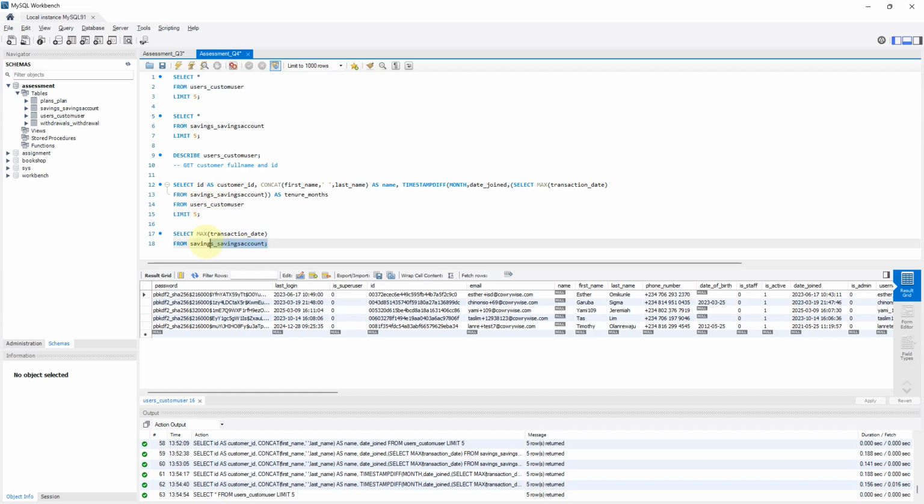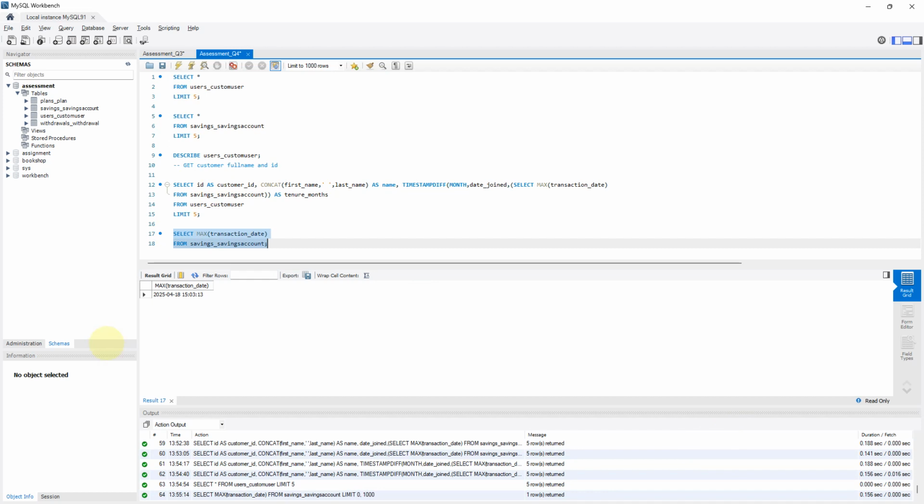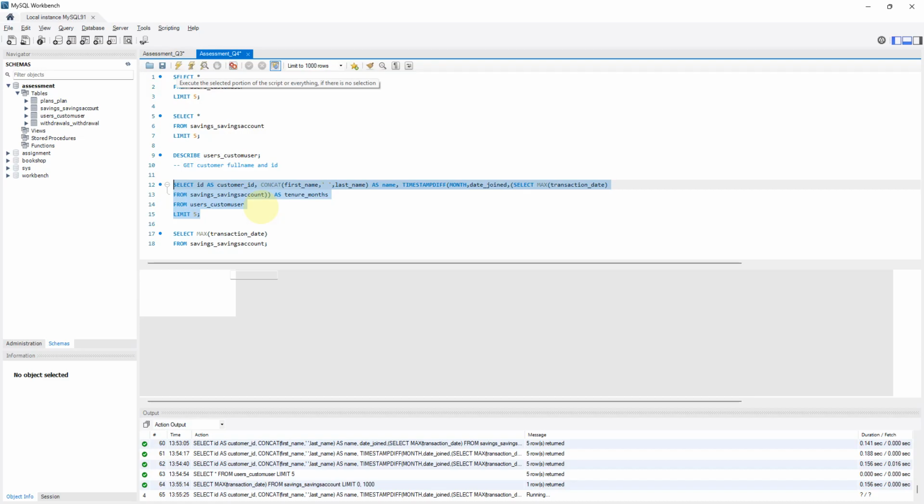If I look at the maximum transaction date, it is April 18th. So yeah, 1 month. This looks correct.